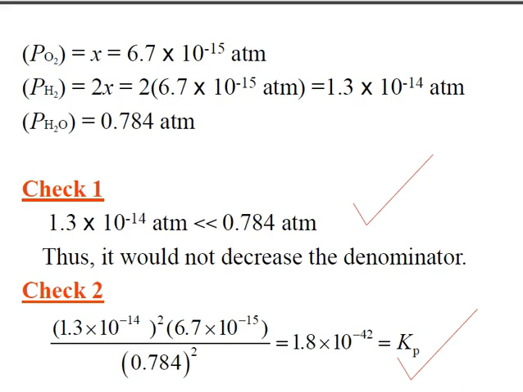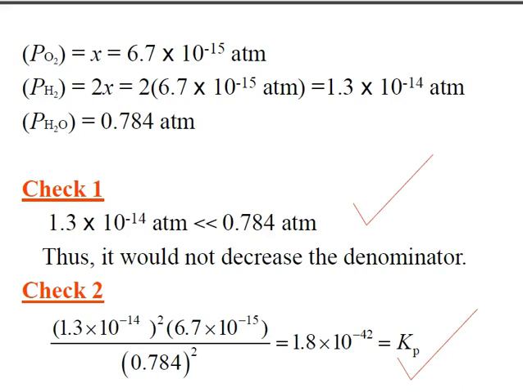Well, if you take 0.784 and you subtract 2x, your calculator is still going to say that it's 0.784. Or maybe it'll say 0.78399999999. Essentially, it's still the exact same number.